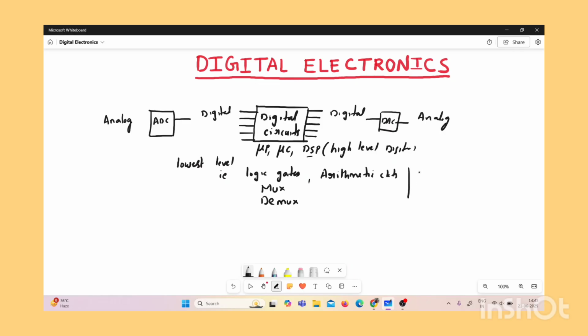In addition to this, we will also study sequential circuits, those are called flip-flops, registers, counters, and memories. And further, at an even lower level, we need to study the very basics, that means diodes, and how these logic gates are implemented using diodes and transistors.